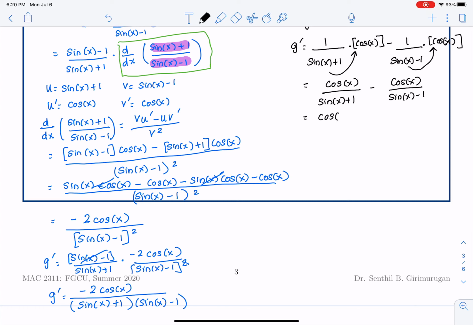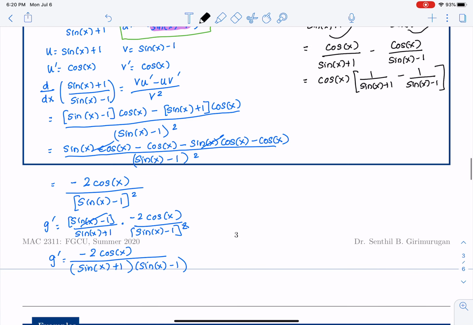Cosine x is in common. And you'd say, oh, that answer doesn't look anything like the answer right here. And I'm going to tell you that they are one and the same. So I'm going to take a common denominator. So multiply and divide by sine x minus 1. And in the second term, multiply and divide by sine x plus 1.